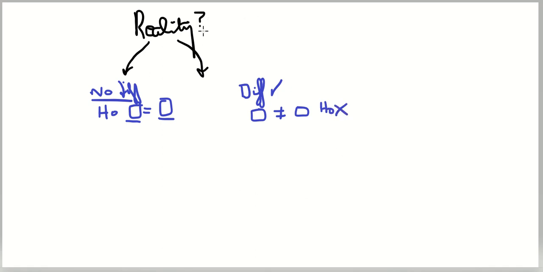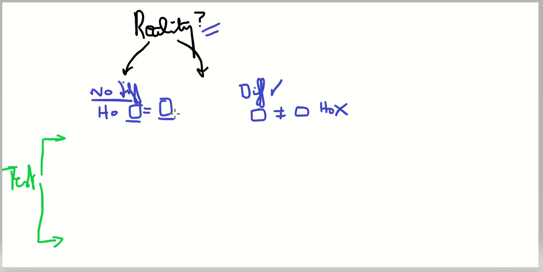But remember, we don't know reality. Therefore, our best attempt to figure out reality is doing a statistical test. And the statistical tests that we've been doing are the paired t-test, the independent t-test, the one sample z-test, etc. Here two things can happen.